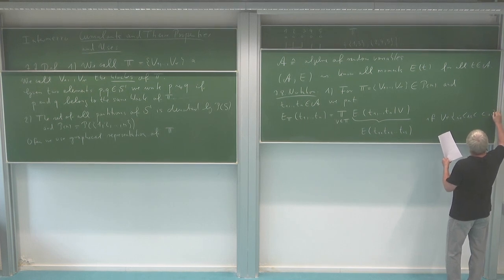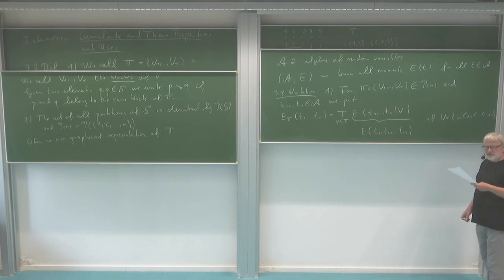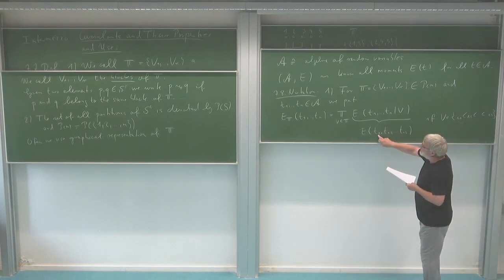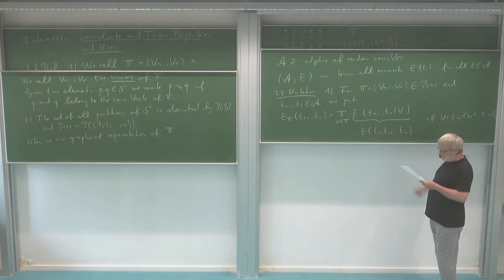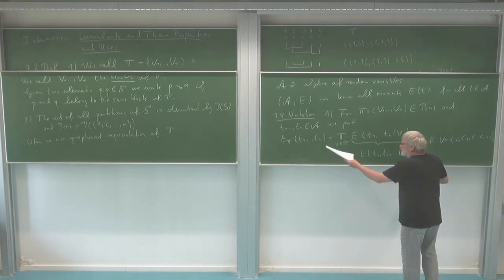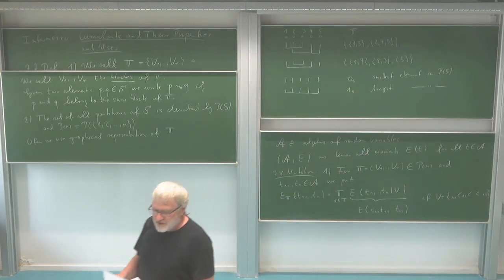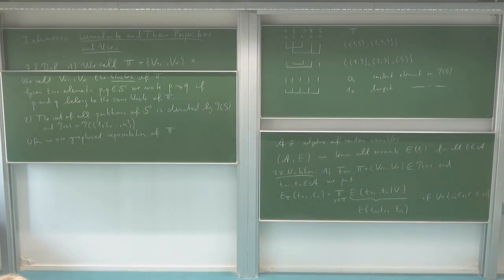So just the numbers i1 up to is in this block, and I have ordered them in increasing way. And then I multiply the variables which are sitting at those positions. Okay, so that's just a notation. So this is a product of moments according to the blocks.